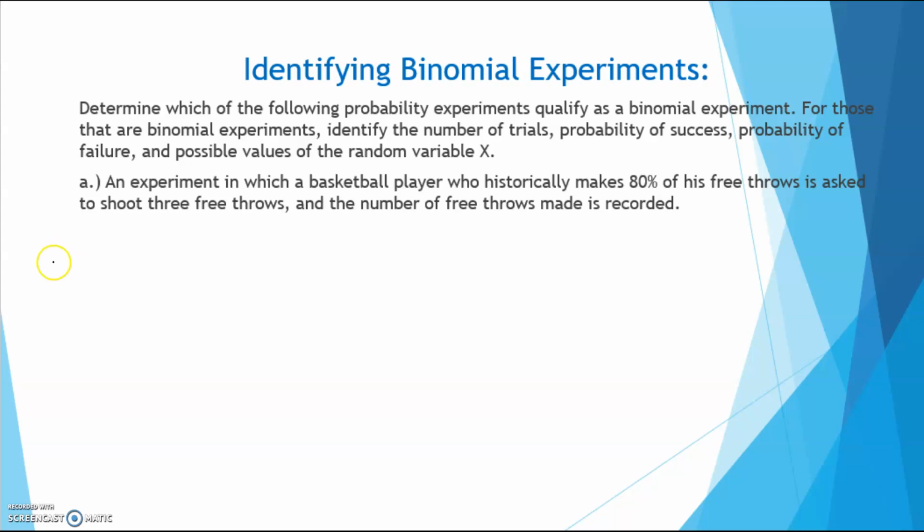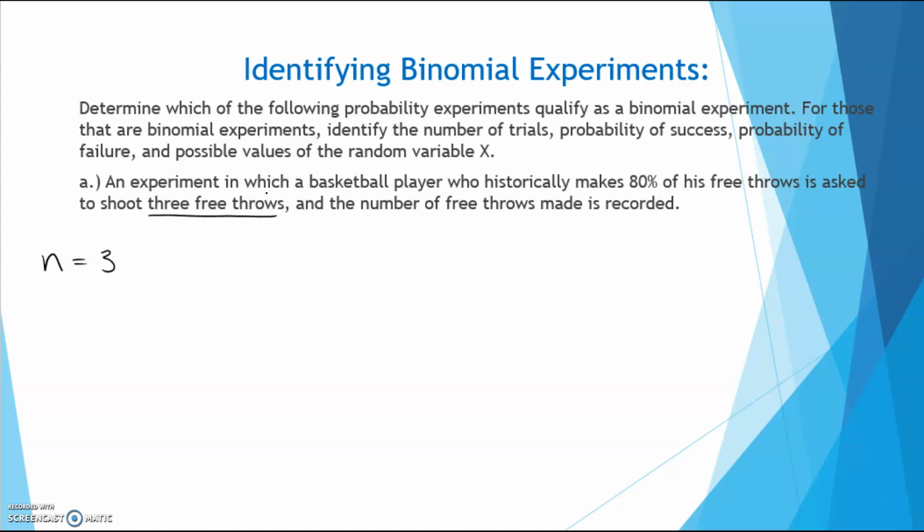Okay, so 1, is there a fixed number of trials? Well, yes, we're only just shooting 3 free throws, so N is 3. 2, are the trials, or shooting a free throw, independent from each other? Well, yeah, if I'm going to shoot and say I missed that basket, because I missed that basket, that really doesn't affect my second shot.